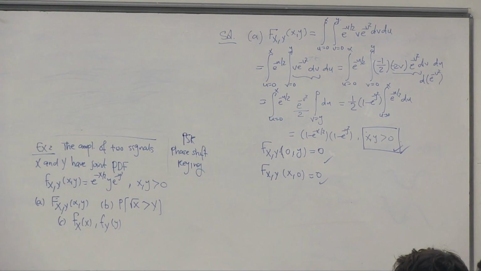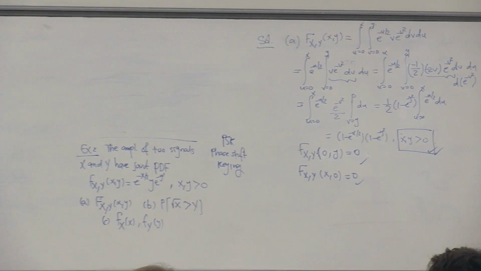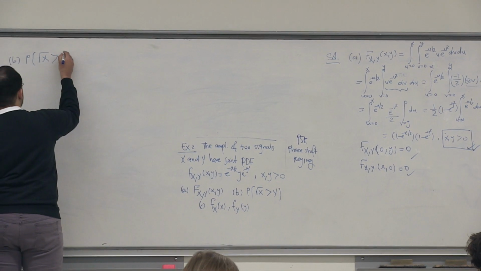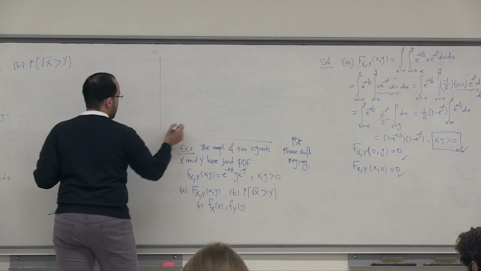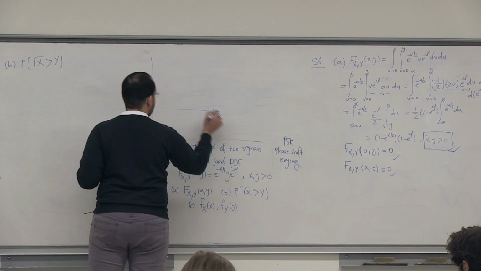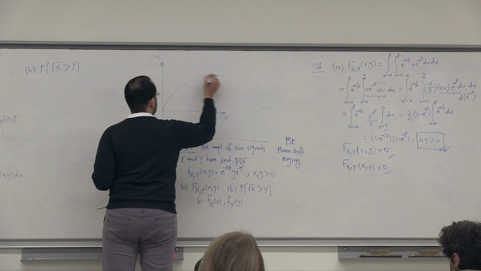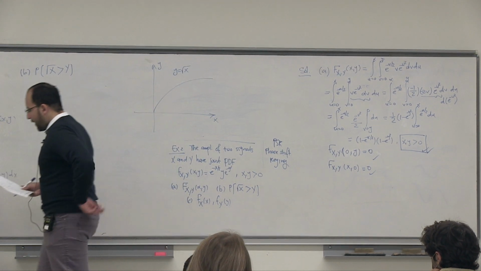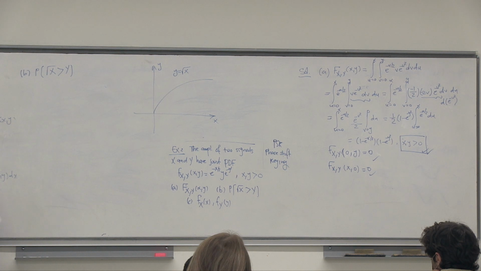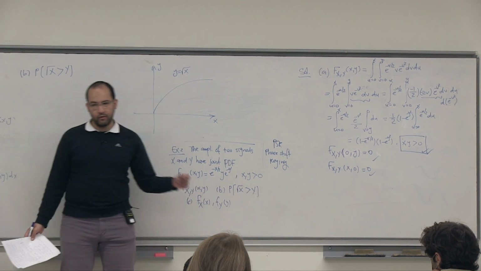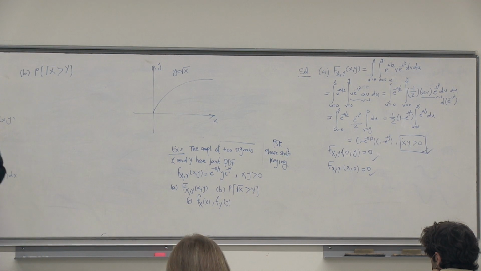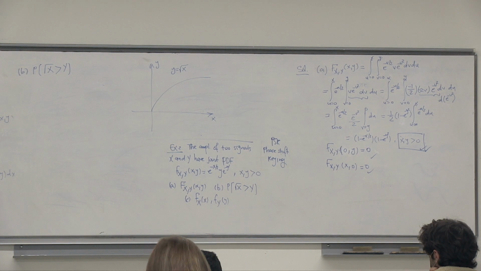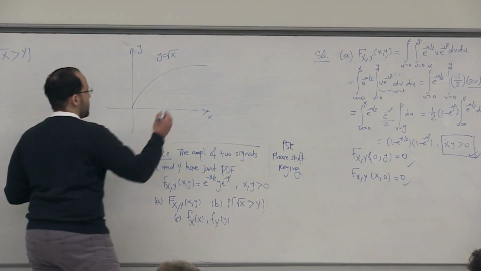We have the probability that square root x is greater than y. Let's draw this plane and see. So we have y equals square root x. The area we are trying to integrate here is the area above that curve or underneath that curve. Exactly, it's the area underneath that curve. It is this area.